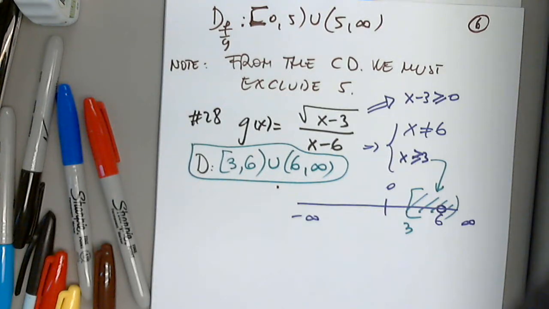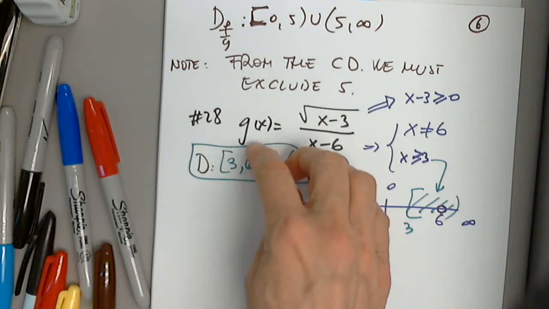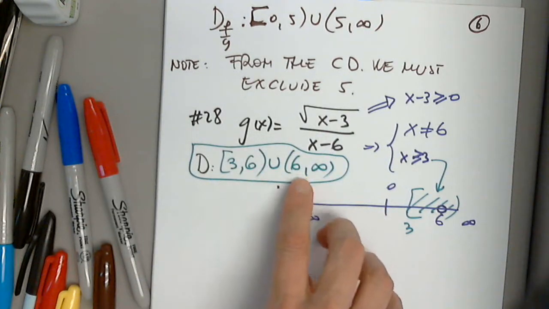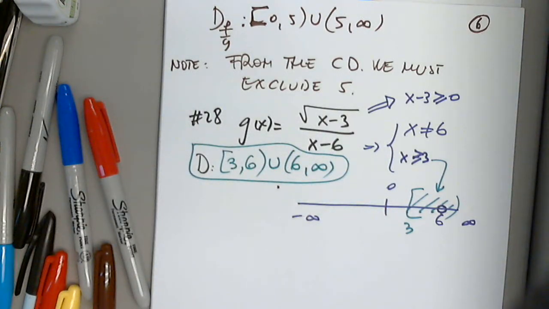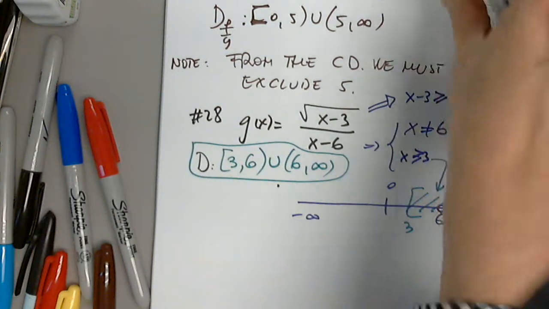Parentheses means it doesn't include. Okay. That's what it says in mathematical terms. Everything from 3 to infinity without 6. If I make an error and put a bracket somewhere, at this 6 or that 6, then I messed up the answer. That would be incorrect. Very good. So let's look at the fifth type.